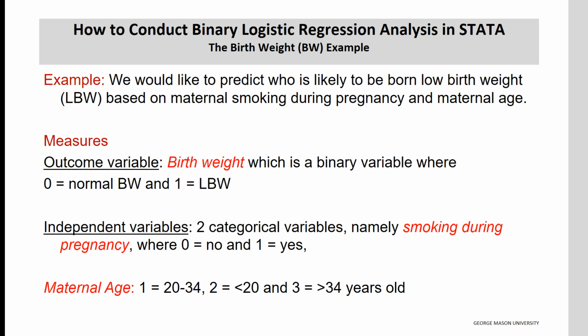And usually that group is the one that is likely to experience adverse outcomes. So in this case, we want to predict who's likely to be born low birth weight. Therefore, 1 is assigned to that group.